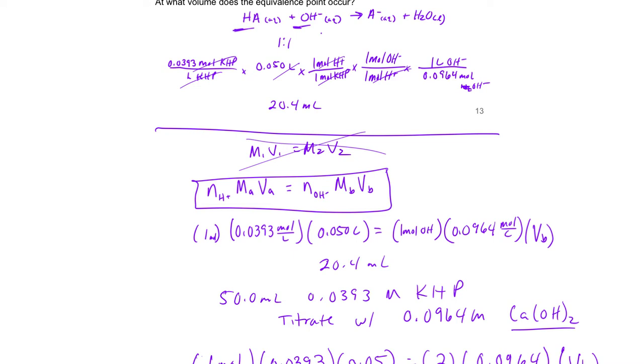If you use the equation with the moles times M1 and V1, then you should be fine. Thoughts on that? Maybe that makes more sense than the dimensional analysis. I like dimensional analysis, but questions?